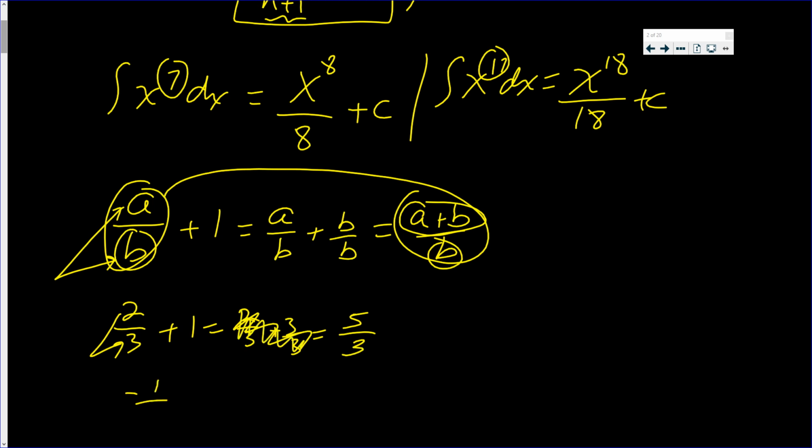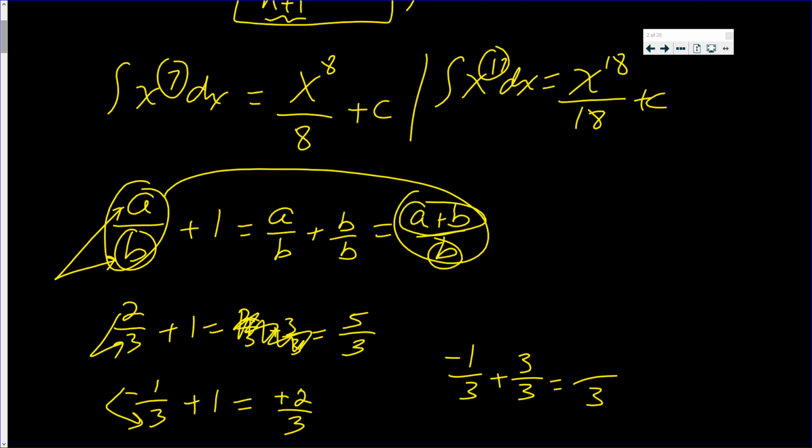Negative 1/3 plus 1: you add the two numbers, you get positive 2 over the 3. You're going to have to know what negative 1 plus 3 is, even if you do it the long way. If you think of the 1 as 3 over 3, you're still going to have to know what negative 1 plus 3 is.